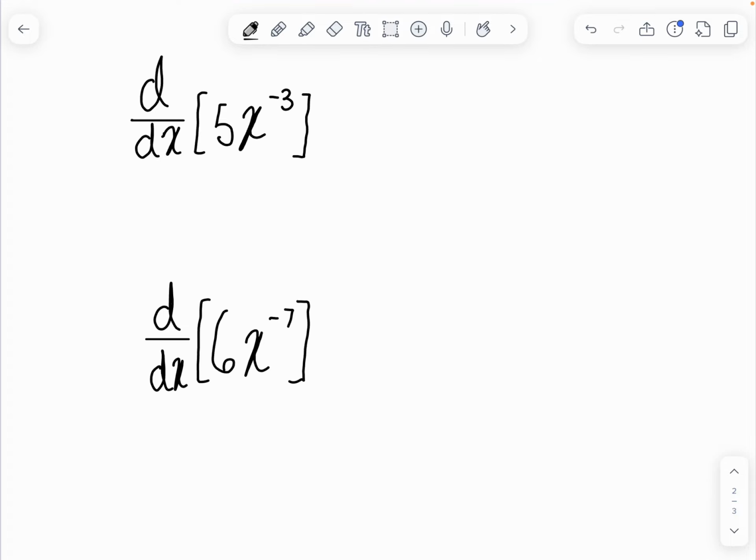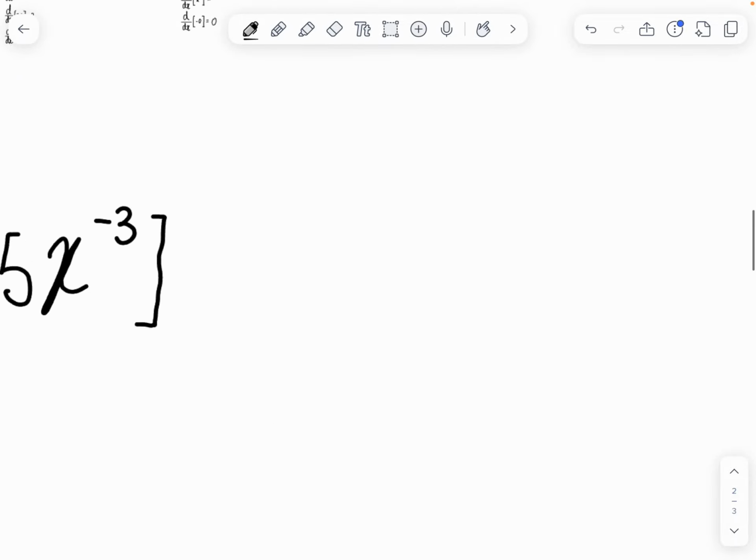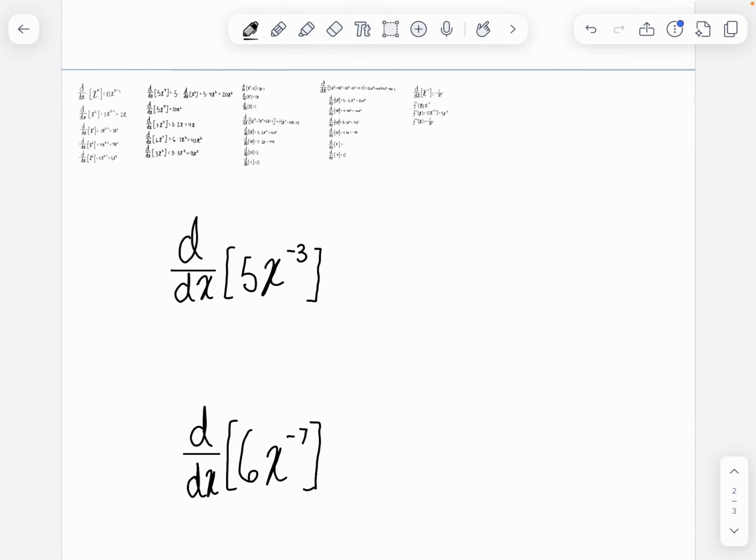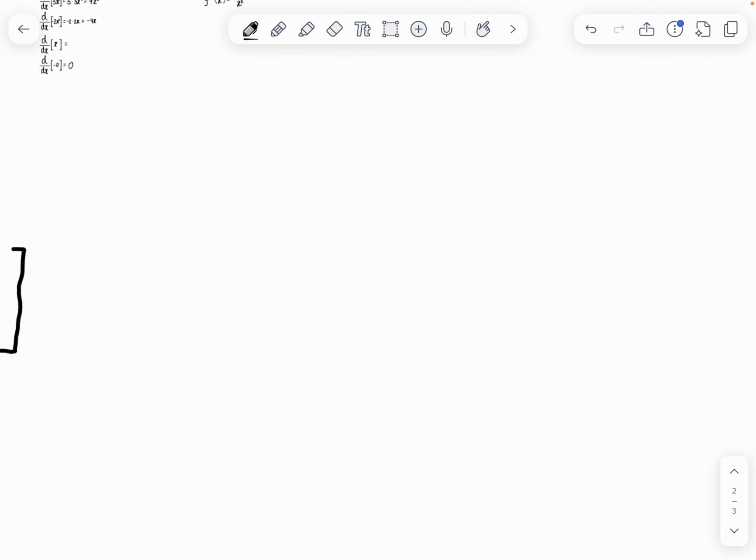So, while I recommend understanding how to do this, there is a formula for a derivative if the x term has a power that is negative. I'm just going to write this down, but I recommend actually learning how to do the steps instead of just memorizing.